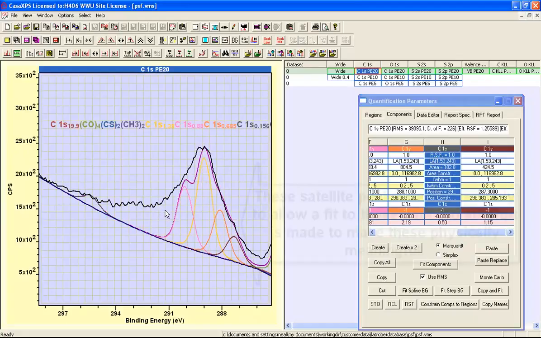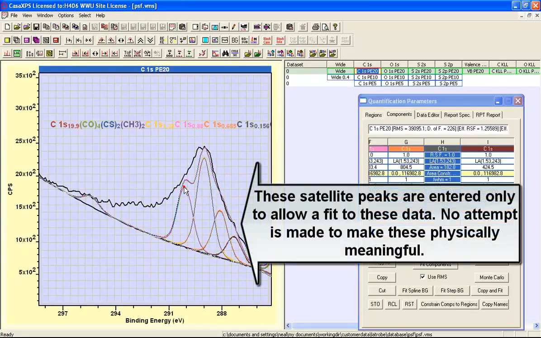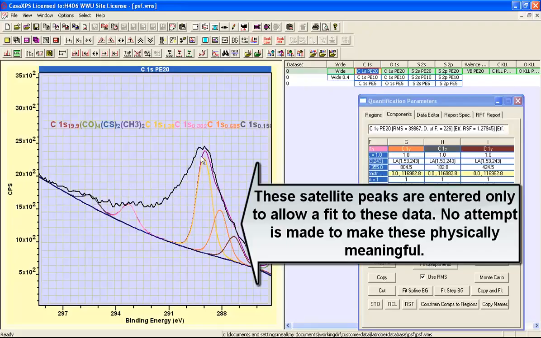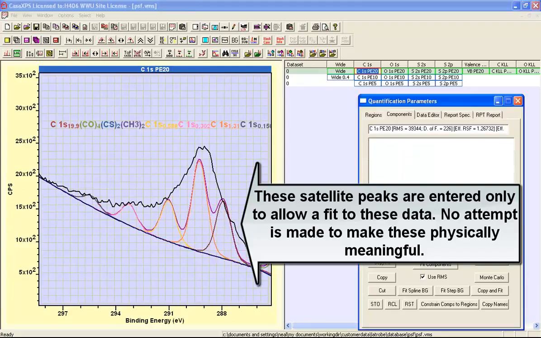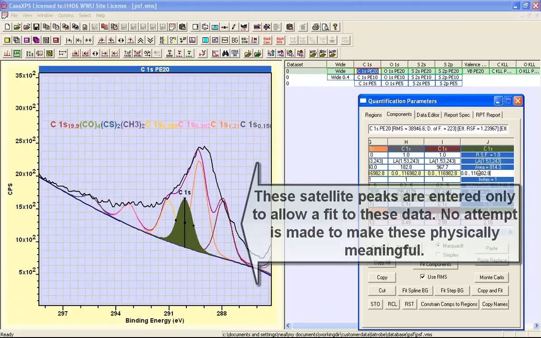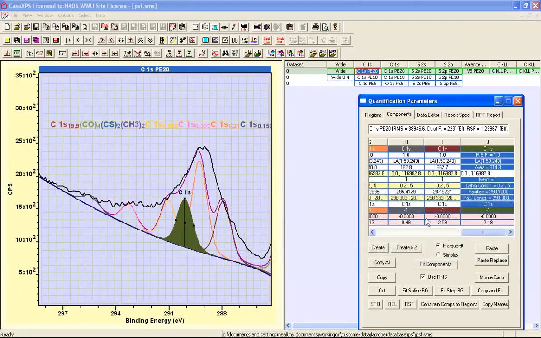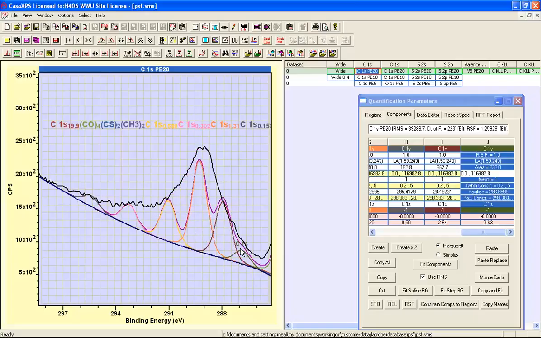I'll move them around. Just one more. I'll say fit.